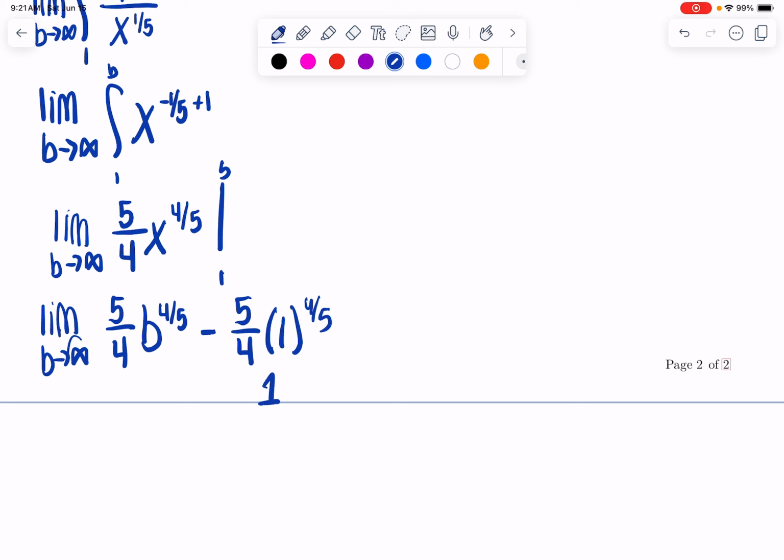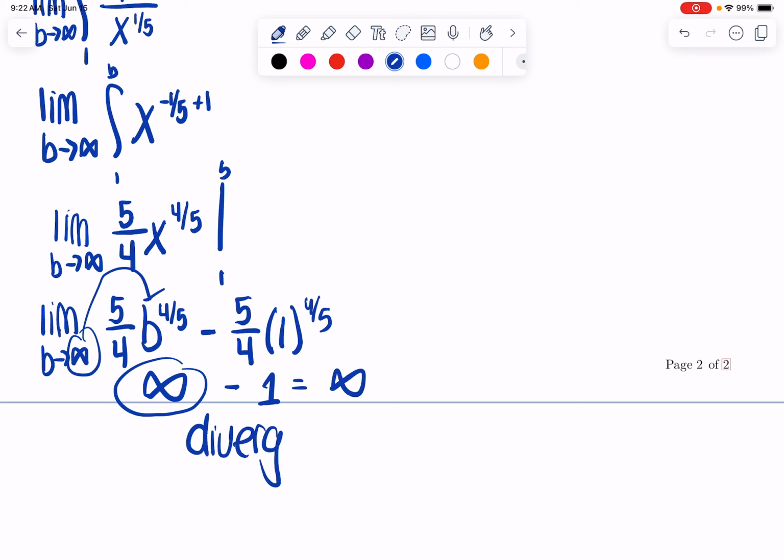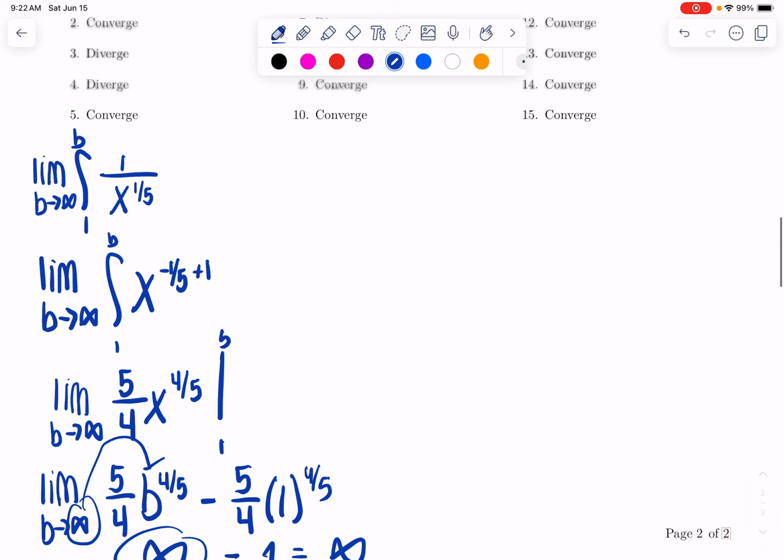But if I plug in infinity over there, you're raising infinity to the 4/5, and anything like that is still going to be infinity. So this over here would be infinity, which means that infinity minus 1 is just infinity. So therefore, it's diverging because it's not a finite term. Okay, so that would be the simplest one I would do.